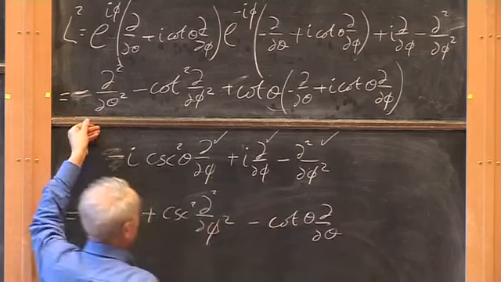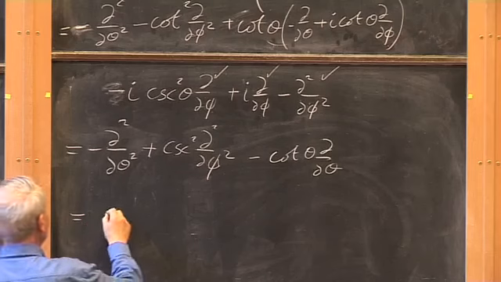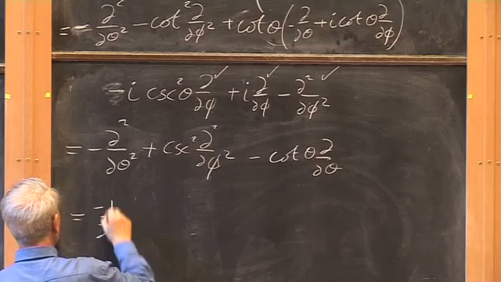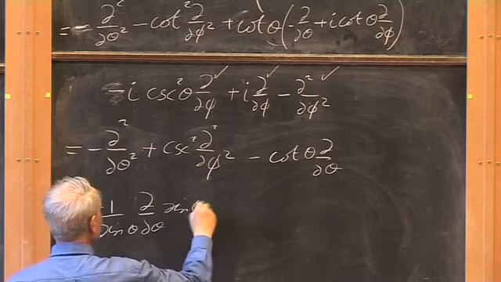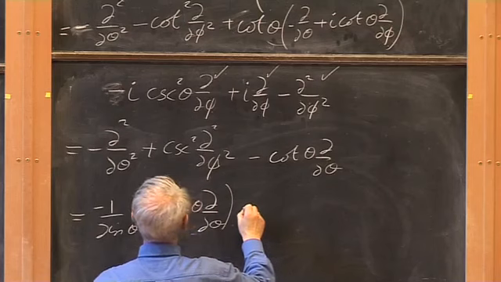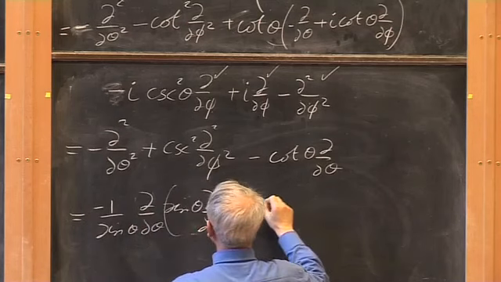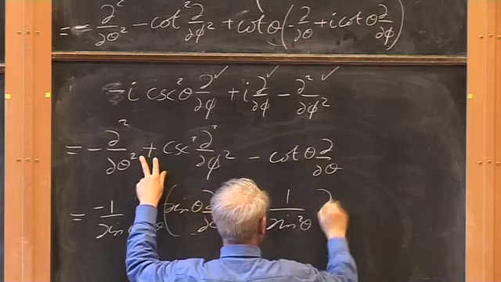So we now consolidate this, all being well, into minus 1 over sine theta d by d theta of sine theta d by d theta. And this should be, I think, a minus. That sign is wrong. A 1 over sine squared theta d2 by d phi squared. This is how it's usually written.